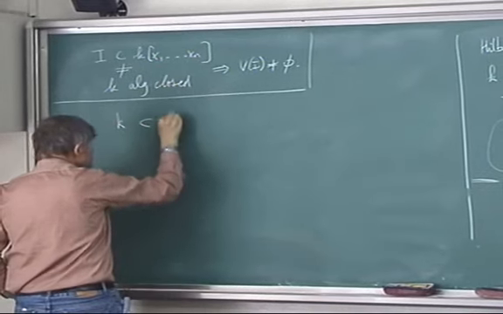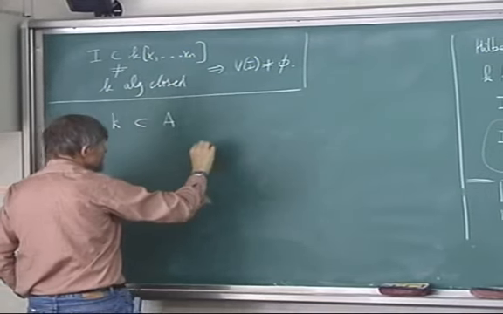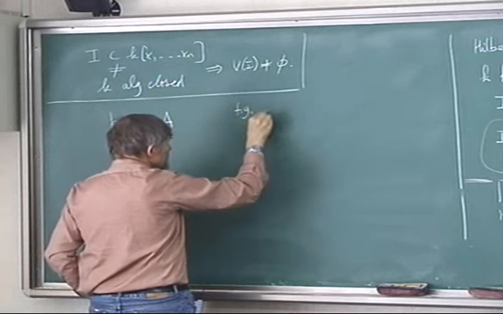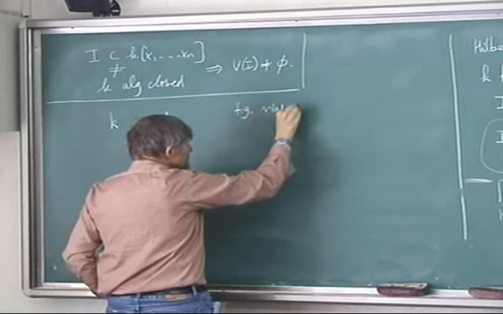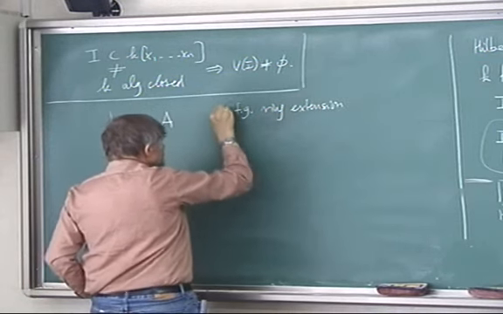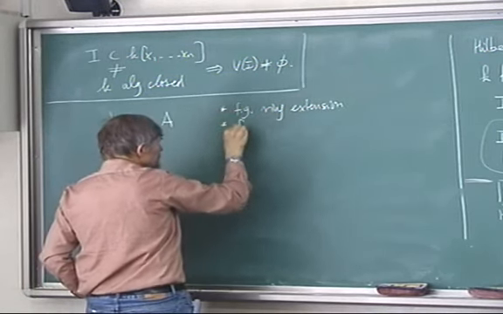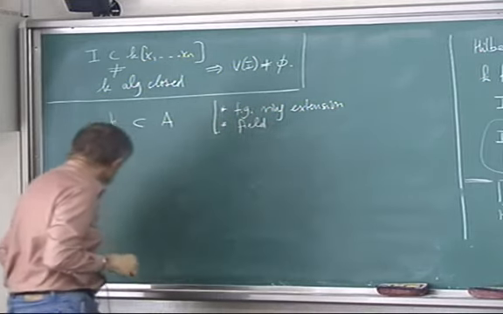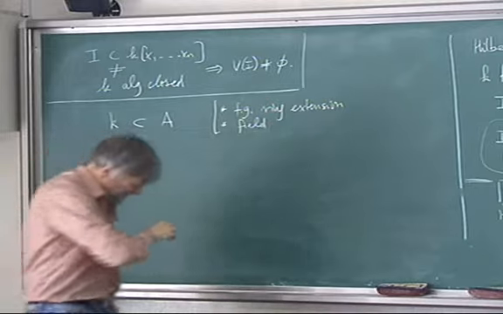So I have k in A. So this is a finitely generated ring extension. And it's a field. I want to prove that then it's an algebraic field extension.